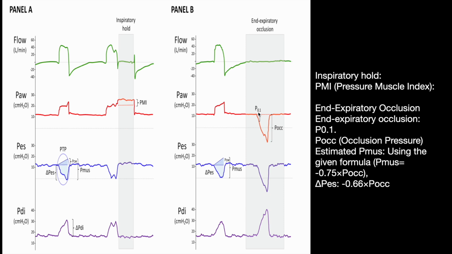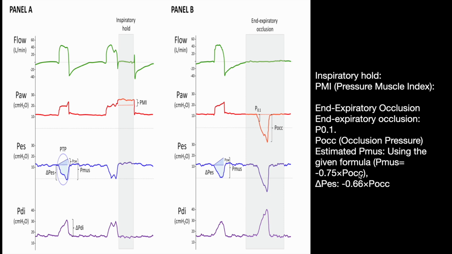The next thing that we measure is the P occlusion, that is the occlusion pressure. This is the total negative pressure swing generated by the respiratory muscles during a brief occlusion. In this particular example, it is minus 24.8 centimeters of water. From this, we try to estimate the P muscle, because that is what we are actually trying to measure, the P muscle and the delta esophageal pressure. To estimate the P muscle, we use the formula 0.75 times P occlusion.